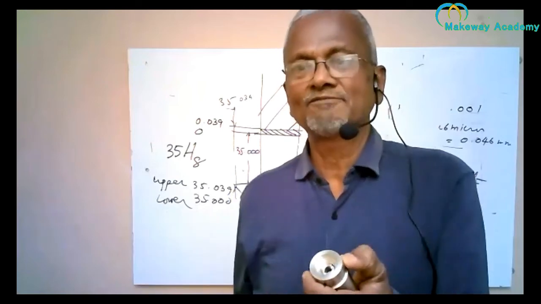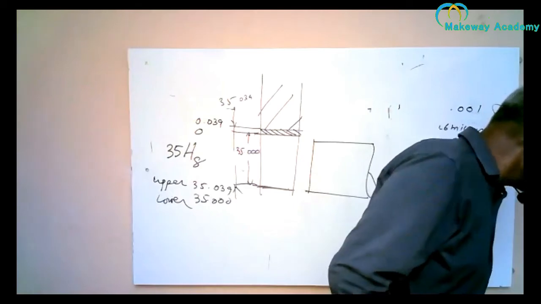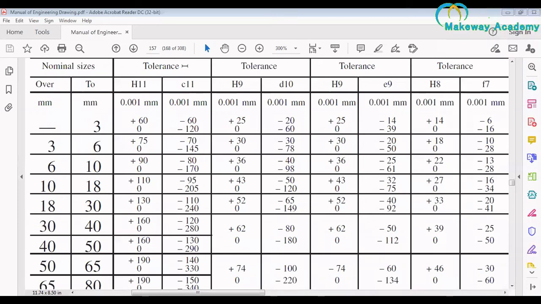The tolerance for the shaft is F7. Again, project. So what is F7? For 35 F7, it is minus 30, minus 60. The minus 30 is 30 microns.